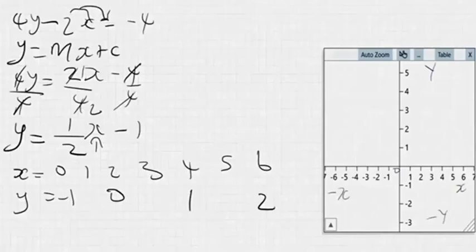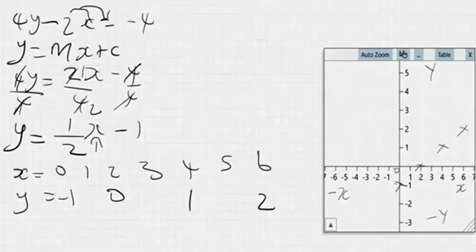When our x is 0, our y is -1, so the points will start from here. When our x is 2, our y is 0, so it's going to be here. When our x is 4, our y is 1, so it's going to be here. When our x is 6, our y is 2, so when you trace it, it's going to be here.